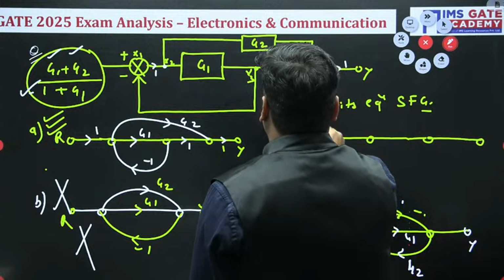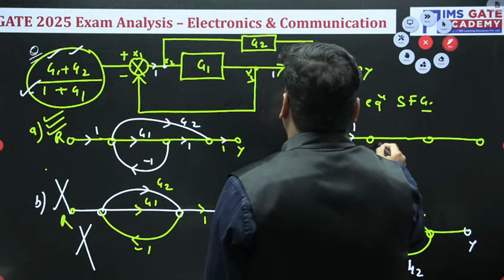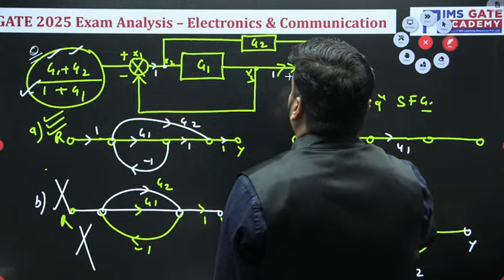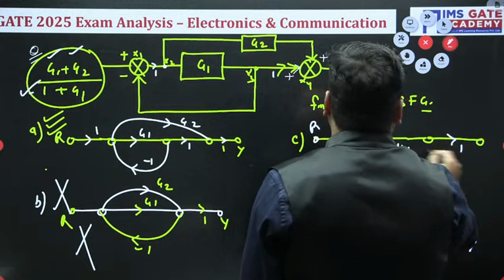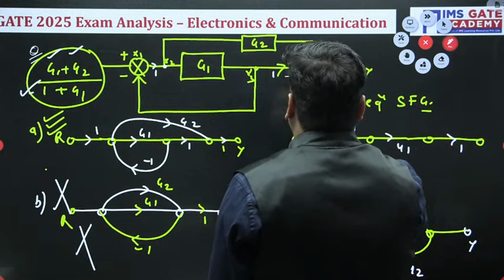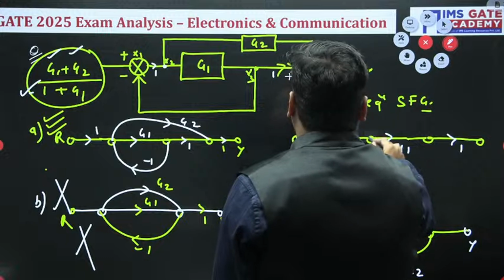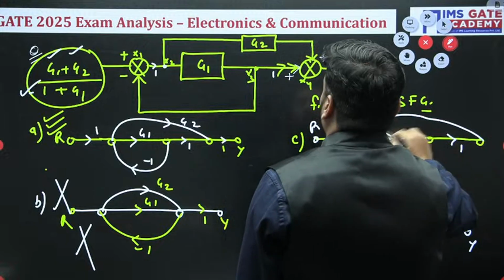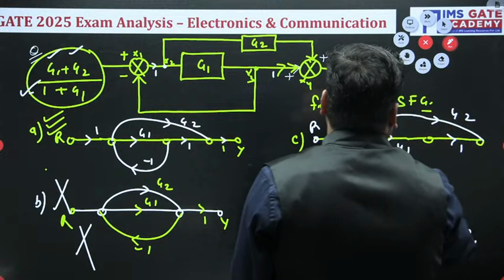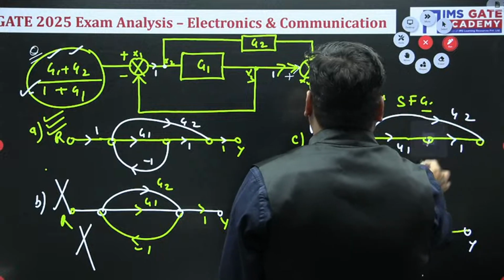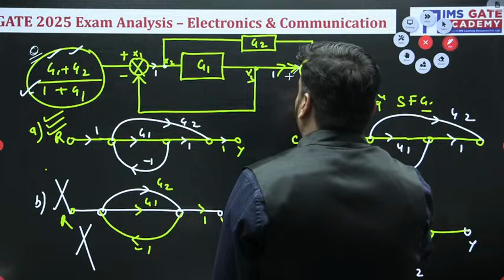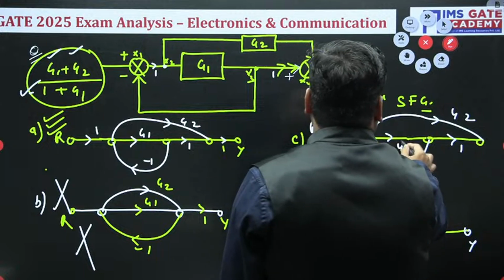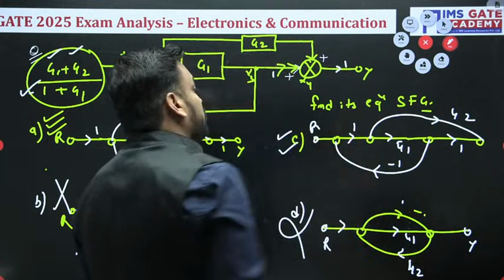Here we have R, here we have 1, here we have G1, and here we have 1, and from this node, X2 node. From here to here, let me take G2, and from here to here, take -1. So if such options are correct, then this option C is also correct.